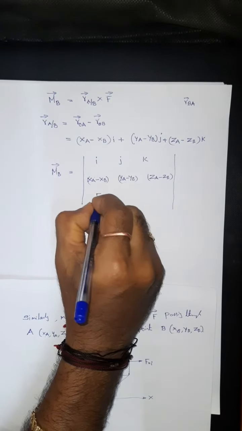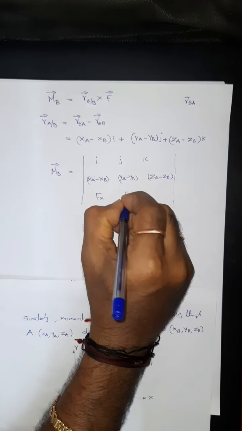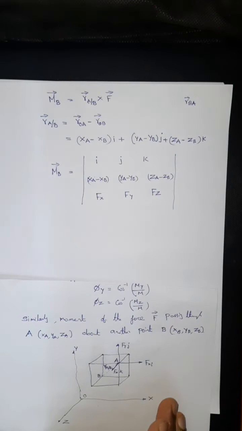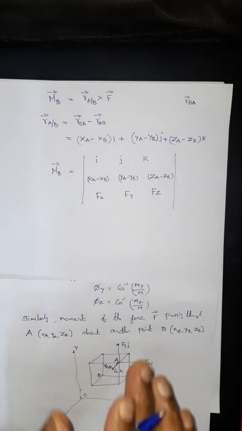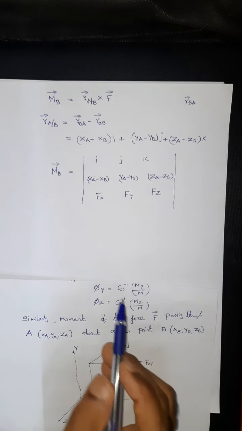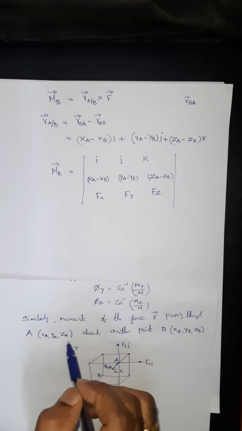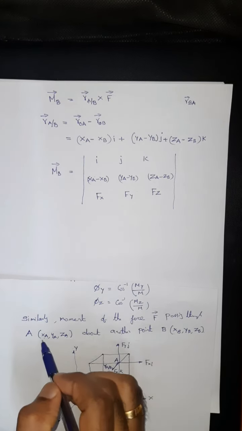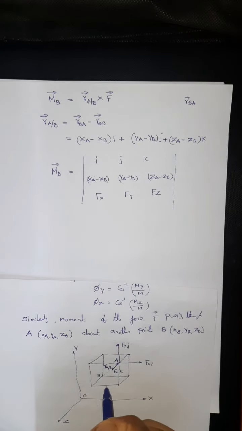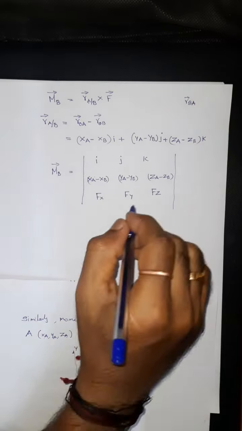Similarly, for the force, Fx, Fy and Fz. Got it? So when it is about a point, which I explained previously, and if the force passing through A is about another point, then this is how we'll have to draw it. Hope you have understood this one.